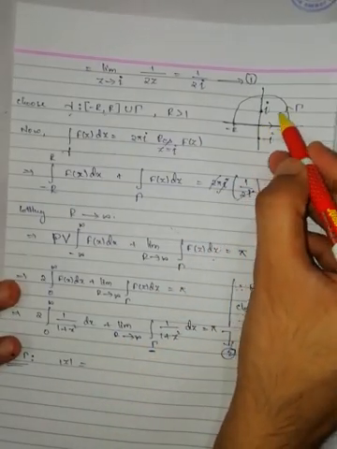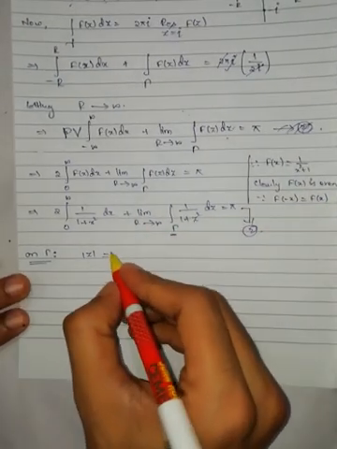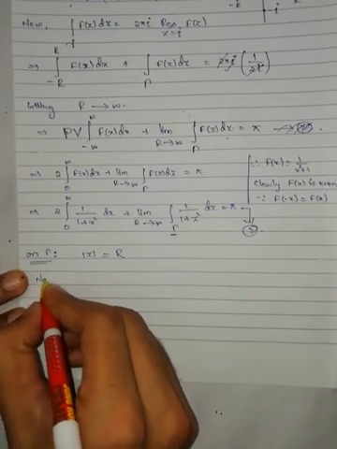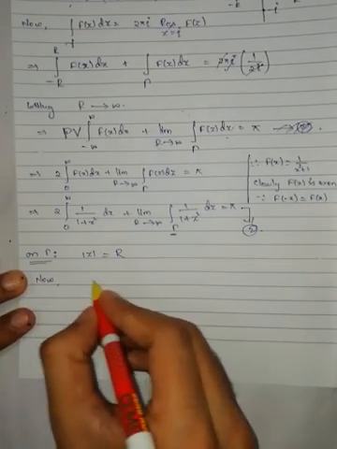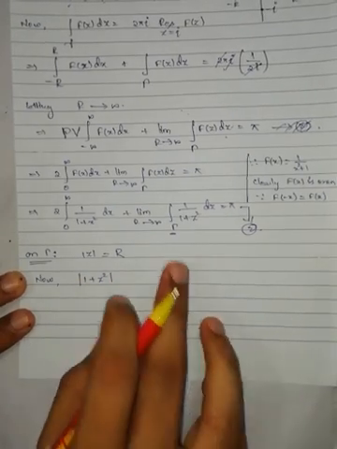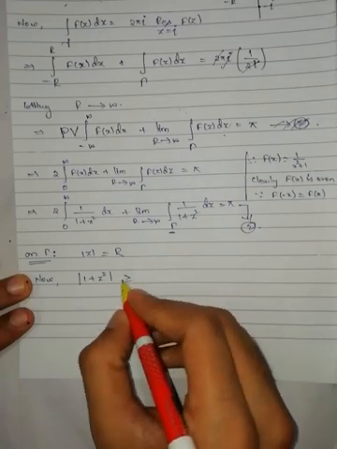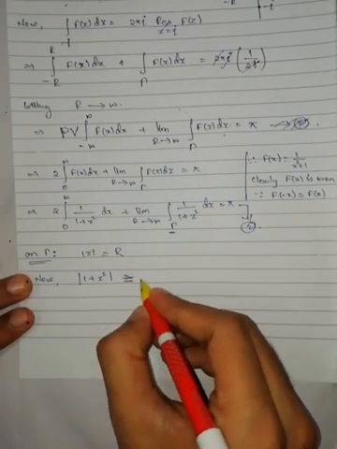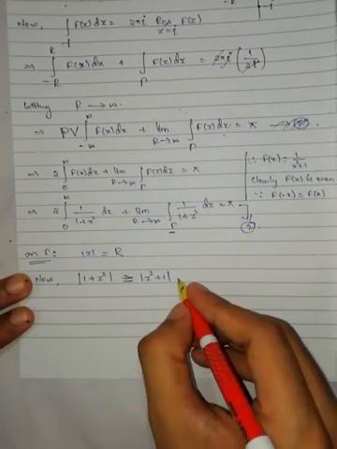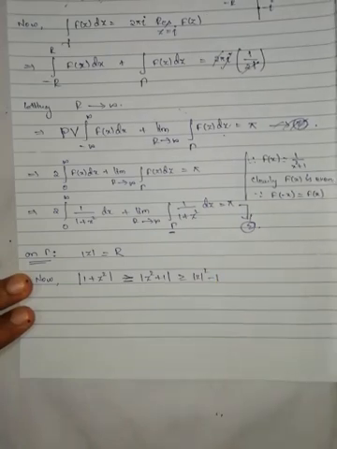The distance of z is capital R, modulus of z is equal to capital R. Now modulus of 1 plus z square, since it is in the denominator, is equal to modulus of z square plus 1, which is greater than or equal to modulus of z square minus 1.